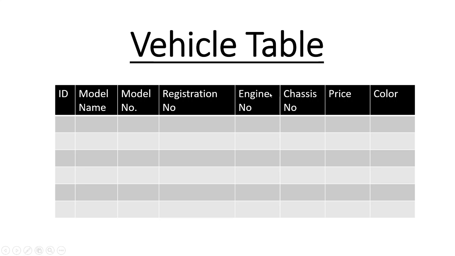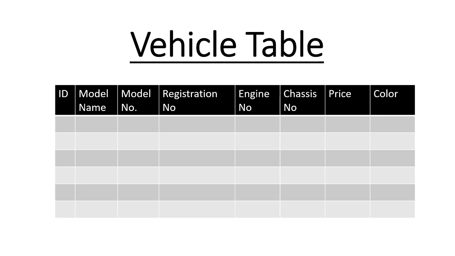Also, every vehicle will have an engine number, which is also a unique number. Every engine will get a unique number. And there is something called a chassis number. Even this is a unique number for every vehicle. Then there can be price, colors, and a few more fields, but I'm just keeping it limited.